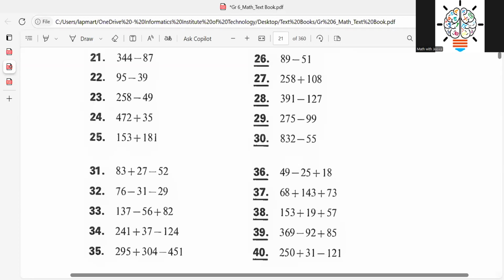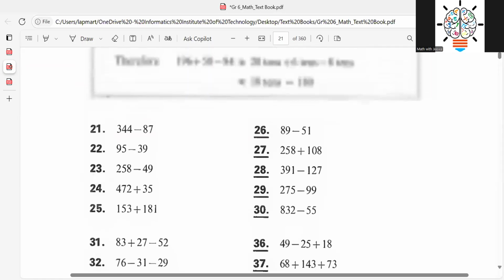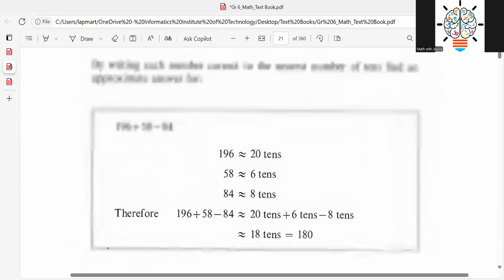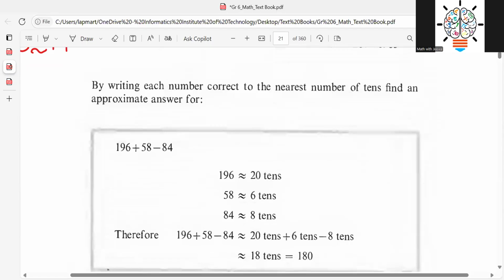Before going to these sums, I would like to read the question instruction because that is very important. Yesterday we discussed that when it comes to approximation, we talk about the tens and hundreds. So read the question instruction and see what they have asked: by writing each number correct to the nearest number of tens.